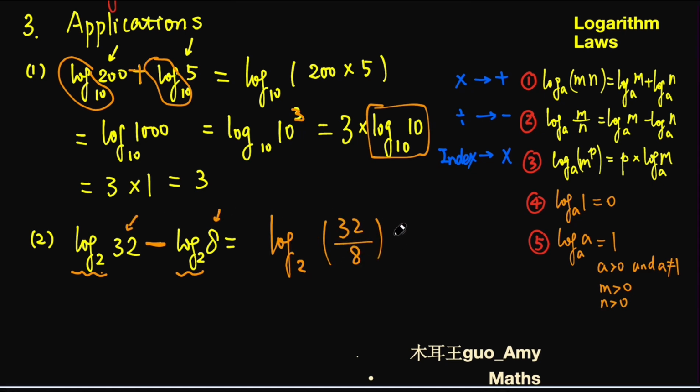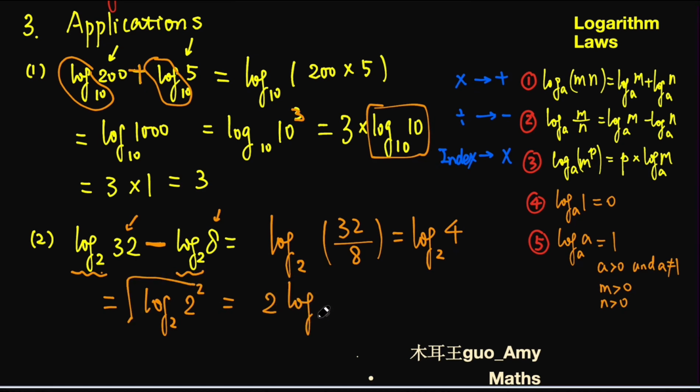So 32 divided by 8, we have log 4 to base 2, and 4 can be written as 2 to the power 2. By using the third law, the index will be moved to the front, then we will have 2 times log 2 to base 2. For this log, the base and the argument are the same. It can be simplified to number 1. Therefore, we have 2 times 1, which is equal to 2.